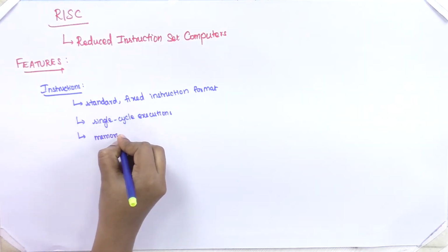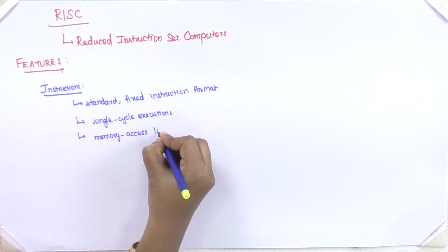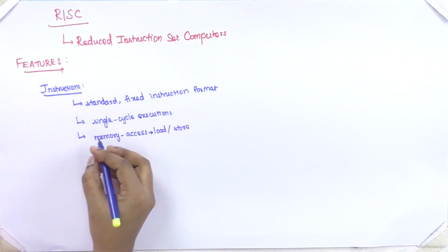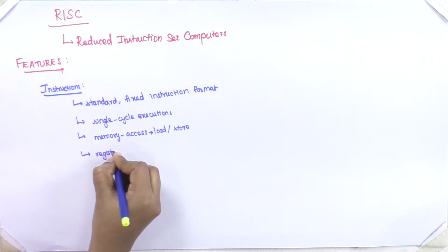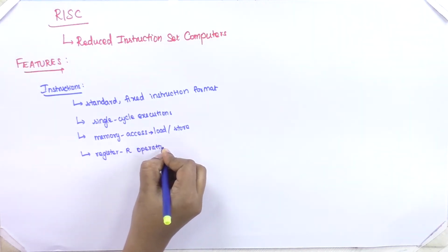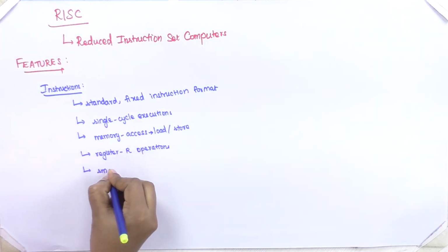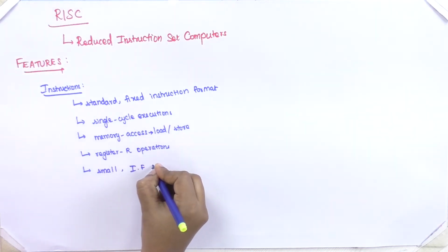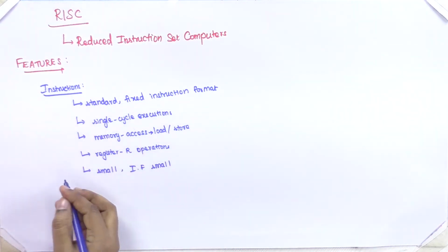All are register to register access only, whereas memory access will take place only for load and store operations. Remaining all are register to register operations. The total number of instructions is very small, and the instruction format is also very small. So these are the general features about the instructions.